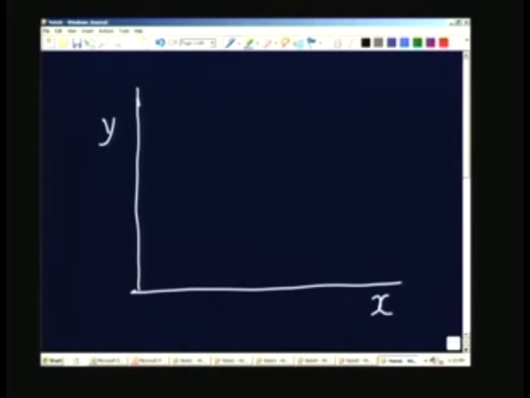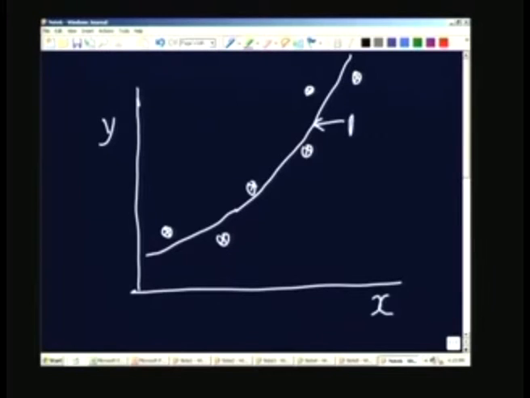This is x. So, the data was like this. Let us take data points like this, and the regression line or the regression curve is like this. Generally, line also includes a straight line, and it also includes a curved line.